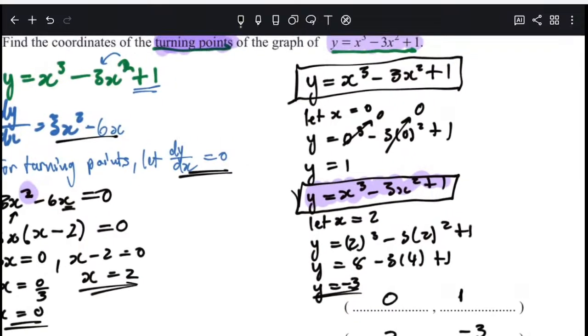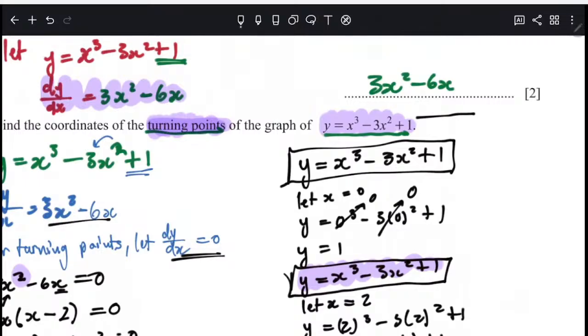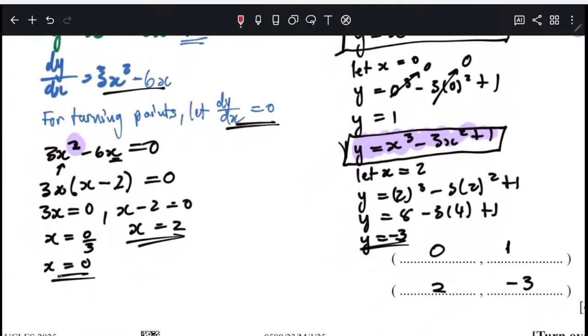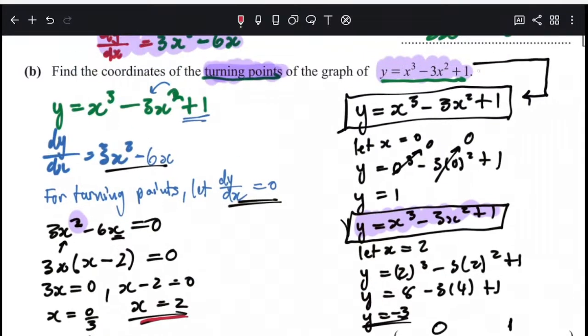Did you all see that we took this original one back when we were finding the y value? Then we started to feed into it the answers that we got for x. Because we got answers for x, those answers, we use them to find y. So you rewrite the y, then you say let x be 0. In other words, wherever there is x, we are putting 0.